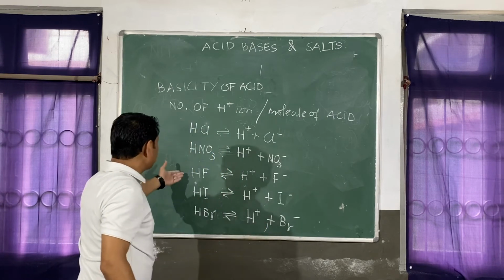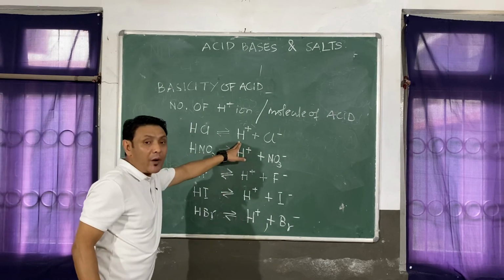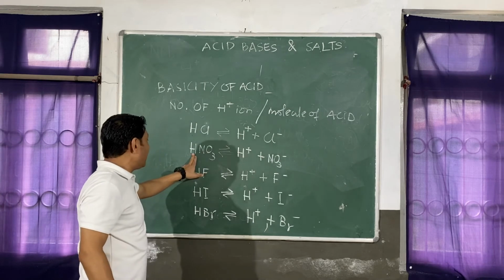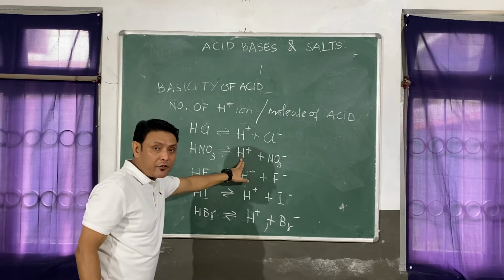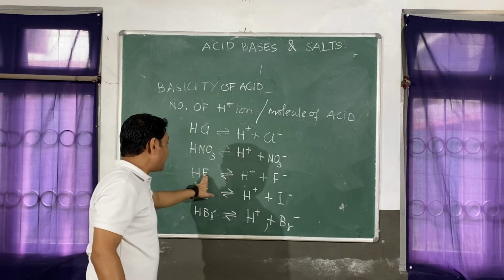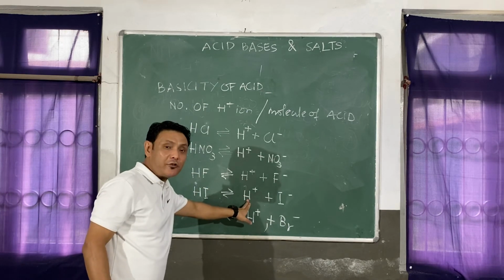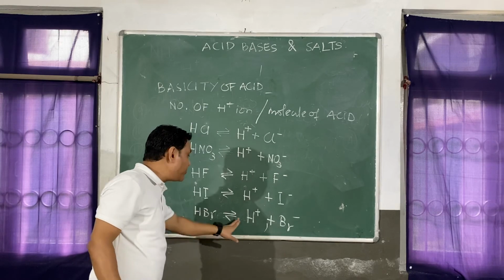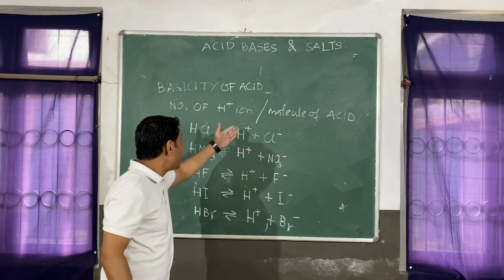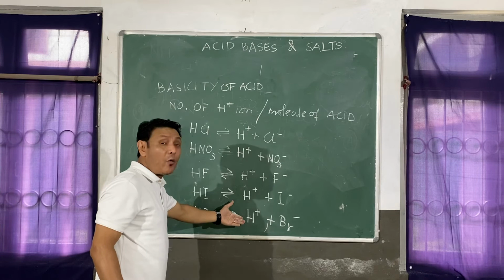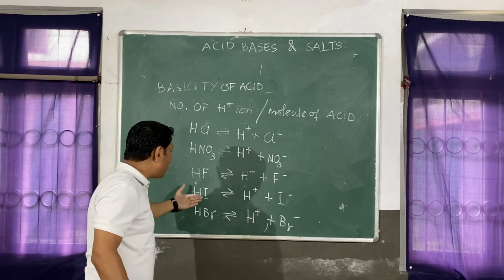So in all the cases, hydrochloric acid produces 1 hydrogen ion, nitric acid produces 1 hydrogen ion, hydrofluoric acid produces 1 hydrogen ion, hydroiodic acid produces 1 hydrogen ion, hydrobromic acid produces 1 hydrogen ion. Each of these acids produces only 1 hydrogen ion per molecule.